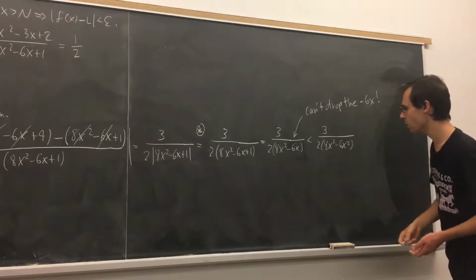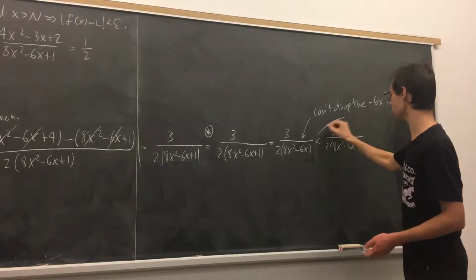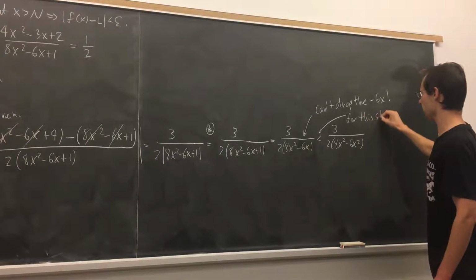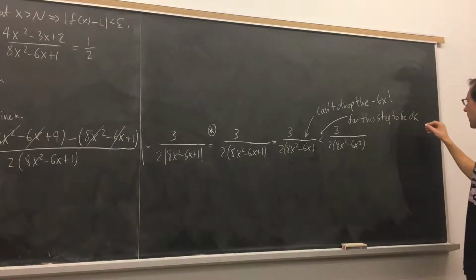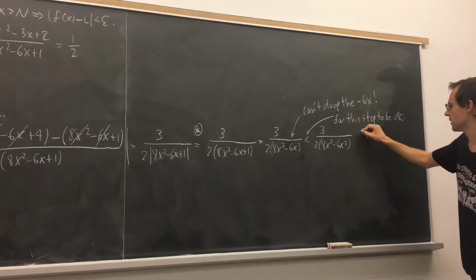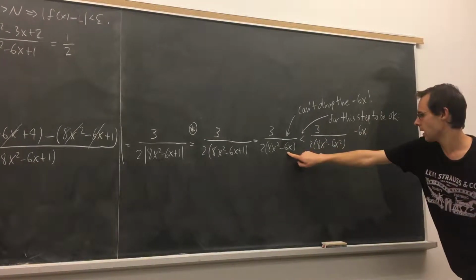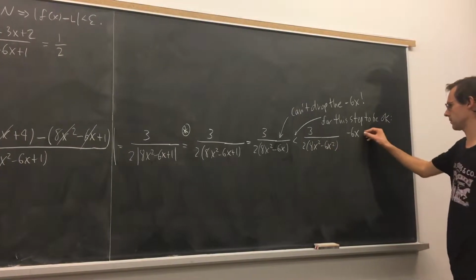Okay? So formally, what do we need for this step to work? For this step to be okay, what do we need? We need negative 6x, we need that value there, to be less than negative 6x squared, okay?